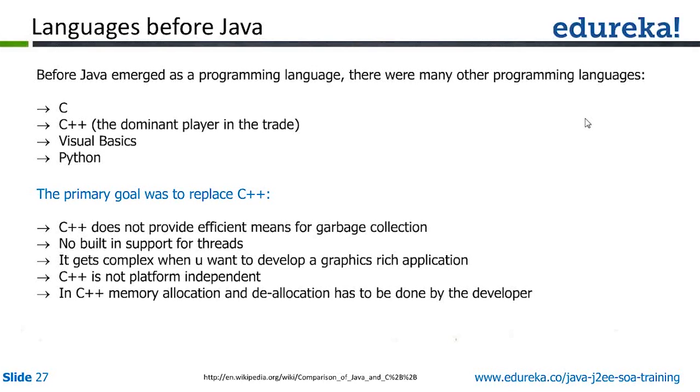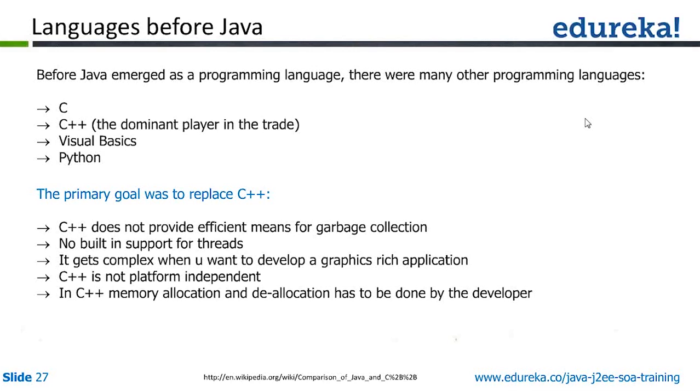At the time Java emerged, there was C, C++, Visual Basic, and Python. C and C++ were, and still are, pretty big on the market.